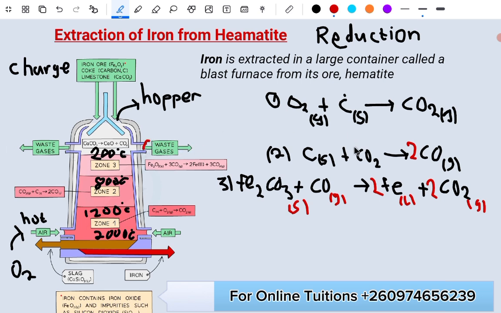And the other thing that's going to happen now, this limestone, because of the heat inside here, there is what we call thermal decomposition.